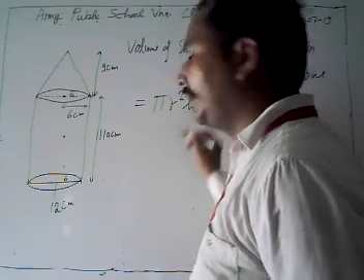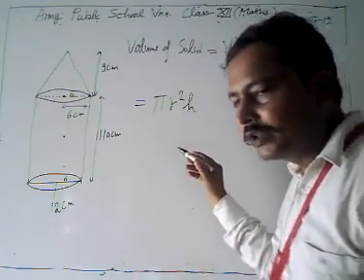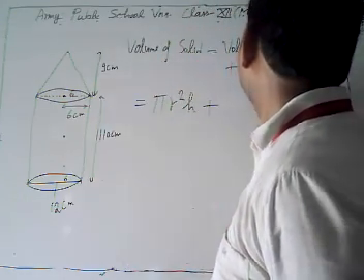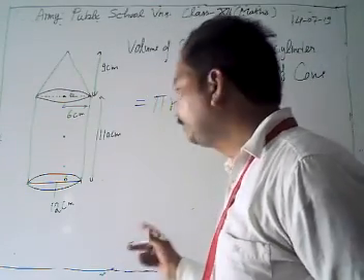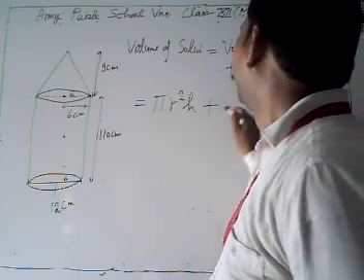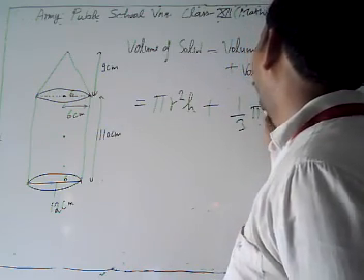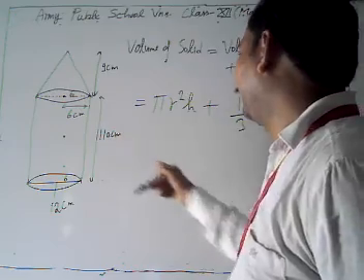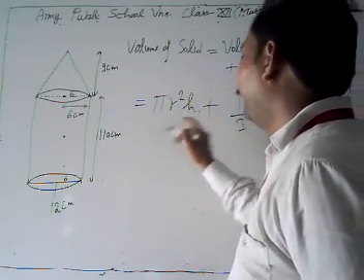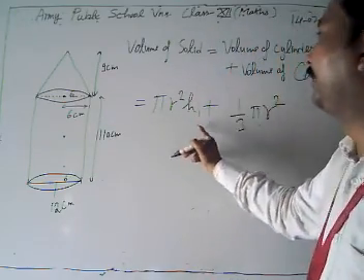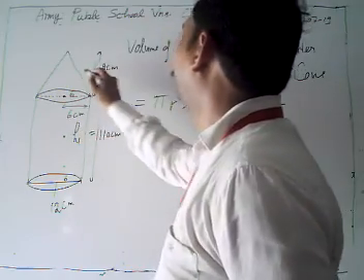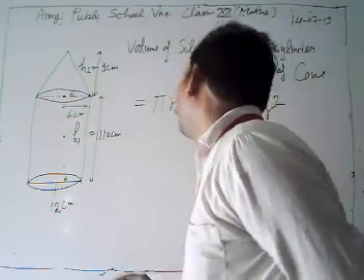Pi r square h. Plus, what is our volume of cone? 1 by 3 pi r square h. R is the same there, that's why I have taken r square. Take h1 because height is different: h1 represents the height of cylinder, and h2 represents the height of cone.